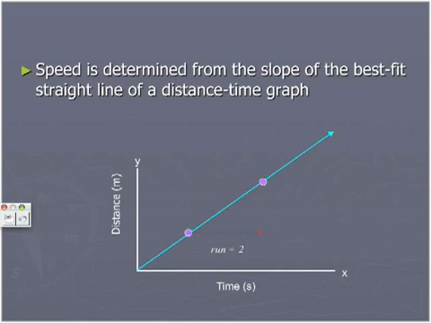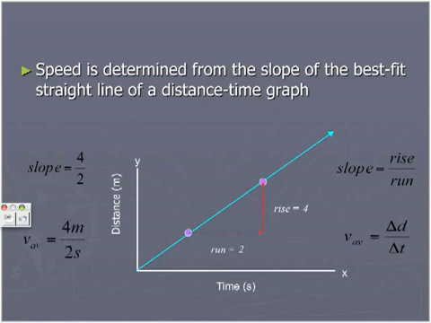So let's say our run here was 2 units, or it would be 2 seconds. Our rise here would be, let's say, 4 meters. Using our slope equation, slope is equal to rise over run, we divide 4 over 2. But now in terms of v average is equal to delta d over delta t, we don't have it as just 4 over 2. In math, they don't really represent any specific units.